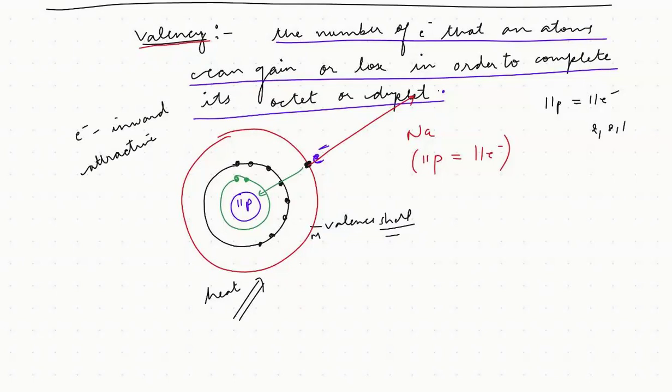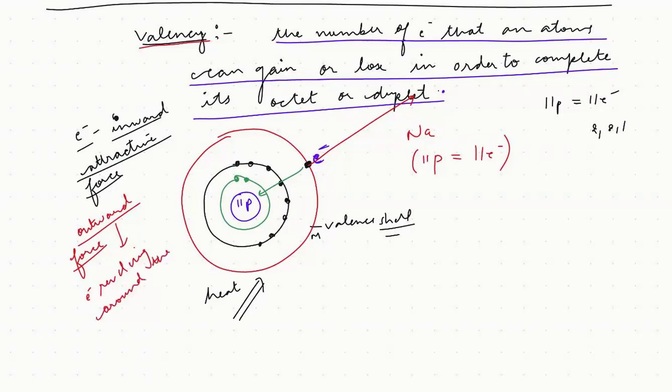The outward force is coming because the electron is revolving around the nucleus, and the inward attractive force is because of the nucleus's force of attraction on the electron.